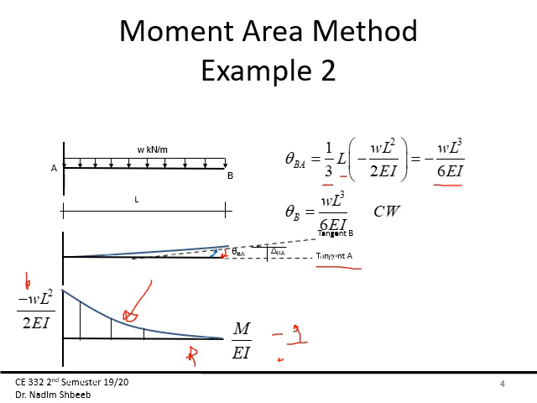So theta B will be equal to WL cubed over 6EI with a clockwise rotation.